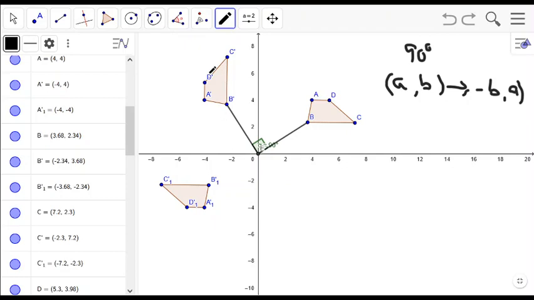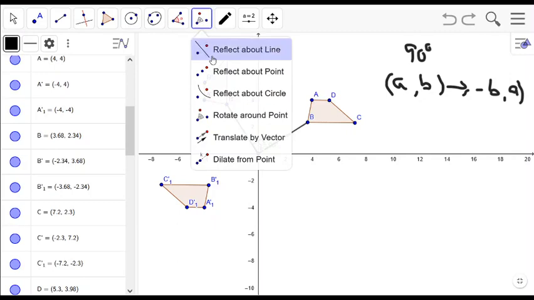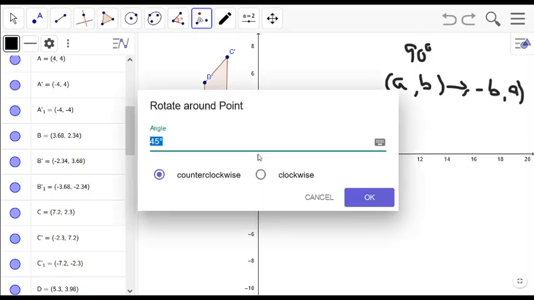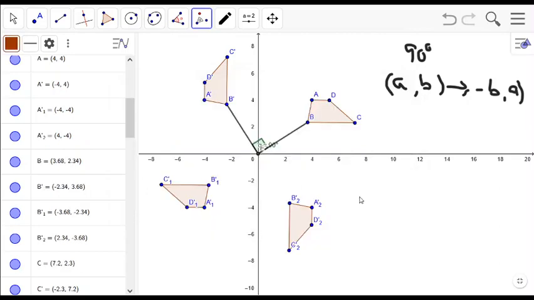So let me do the rotation about a point. I want to rotate this one about the center, angle 270 degrees, then okay, that's clockwise 270. You can do that for the negatives and see what happens.